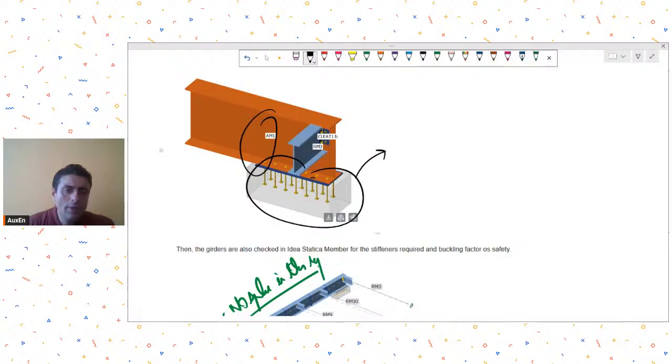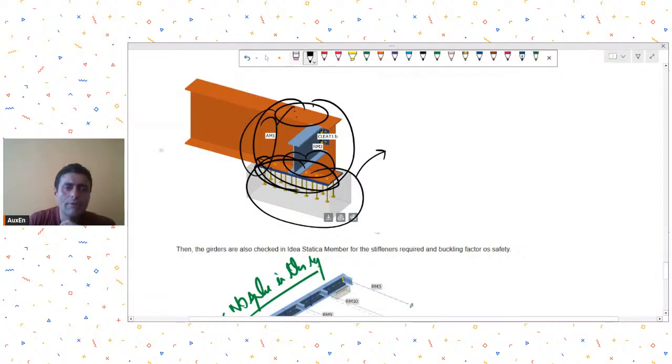So again, the point over here is that if you are going to provide rigidity like this, my observation is that it will be difficult for you to control the rotation over here, because this top flange is not tied with this bottom flange and RCC pedestal in any manner.